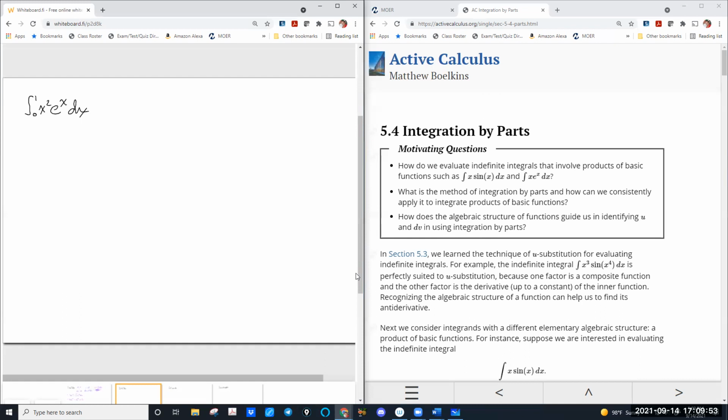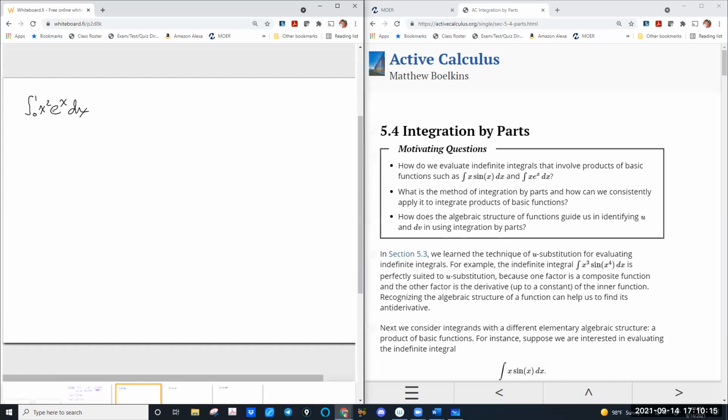You need the antiderivative, which is what we just found in the previous problem. And then you do your antiderivative evaluated at your upper limit minus your antiderivative evaluated at your lower limit. Okay, so you can do the integration by parts, get your antiderivative, and do your limits. But I just want to point a couple things out.